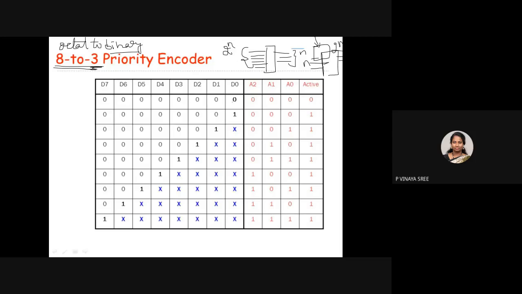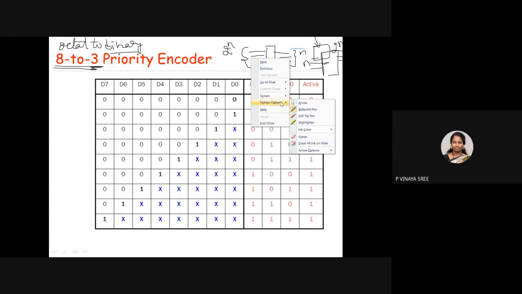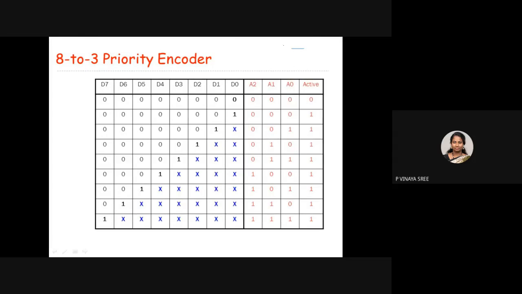So we started with priority encoders. First question is, why is there a need of studying priority encoder? We have an encoder where, let me take 4 inputs. 4 inputs means this is 2 power n. How many outputs will be there? 4 inputs, 2 outputs.